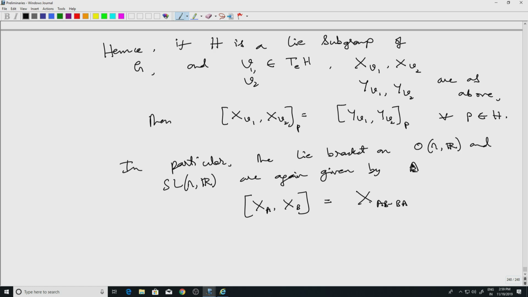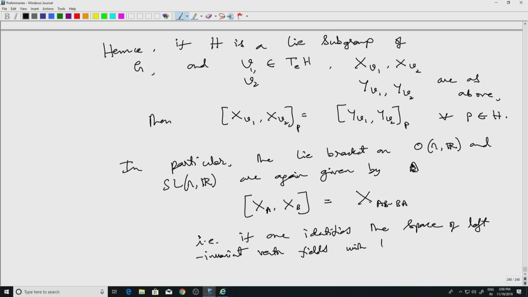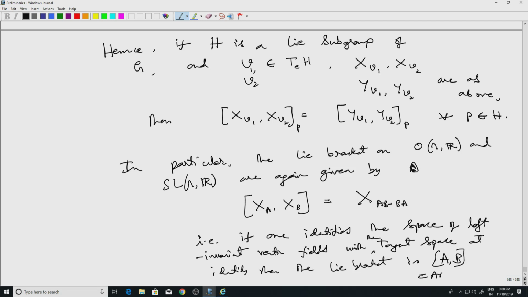So in short, if one identifies the Lie algebra, the space of left invariant vector fields, with the tangent space at identity, then the Lie bracket of A, B is AB minus BA.